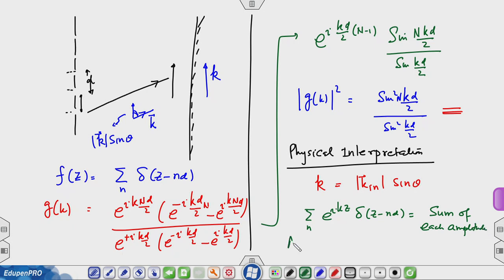And what is this amplitude? Amplitude of wave from each source, and this is with the phase. So, I am actually adding the wave amplitude, and that is what I see. I see the interference because of this addition of wave.